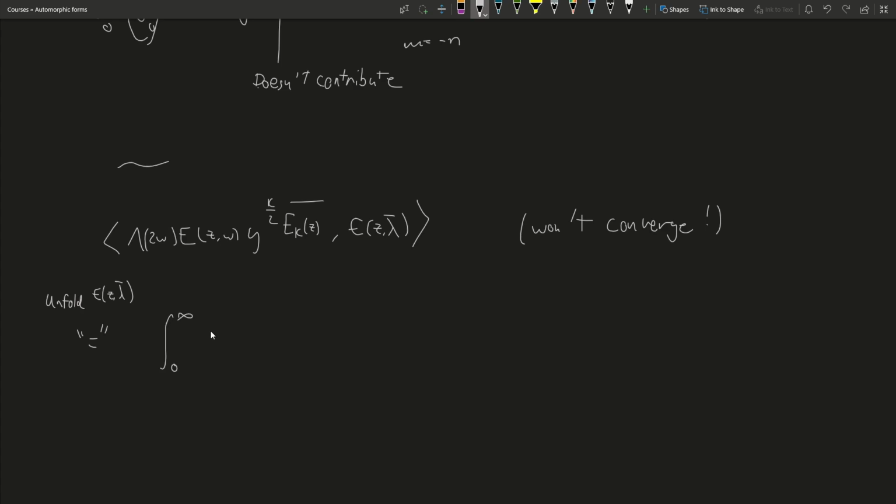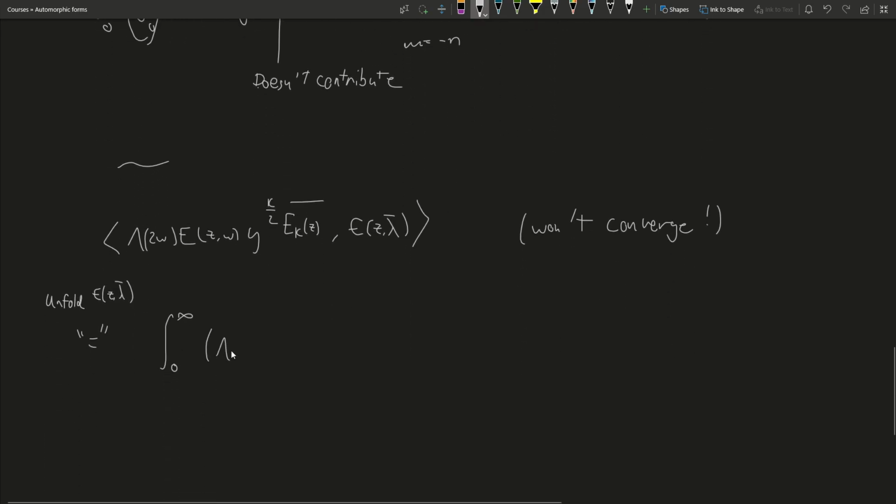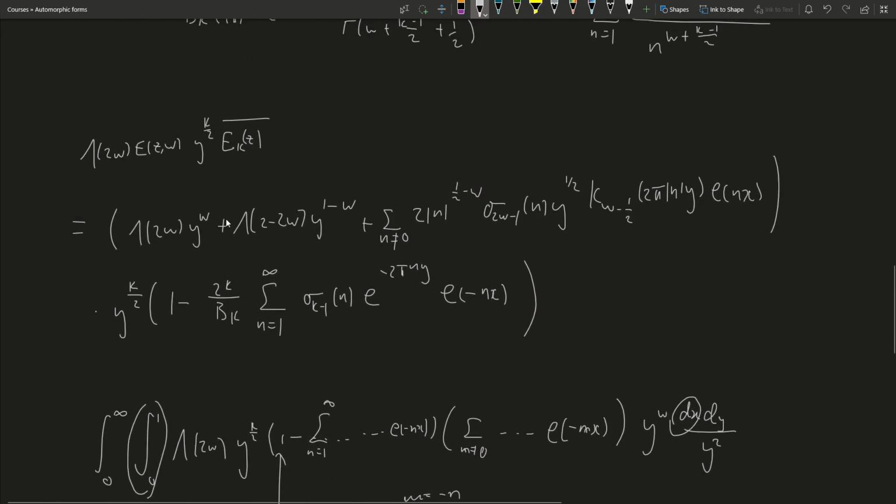We end up first with this term coming from the 1 right here, because we have a 1 here, and then there's also going to be this constant term in the real analytic Eisenstein series. So when you multiply these two things together, you get a term that you can integrate from 0 to 1.